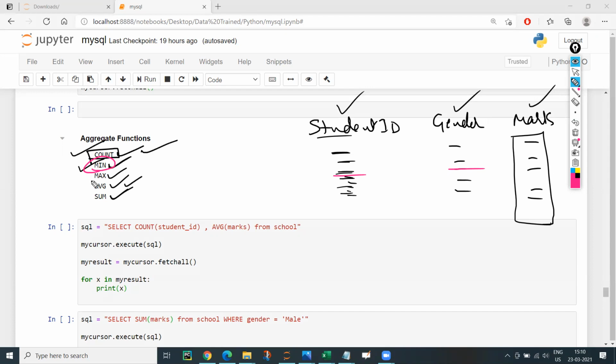At the same time, I will be able to find the maximum marks. Who secured the maximum marks in that particular college? I can select that just by using the max function.